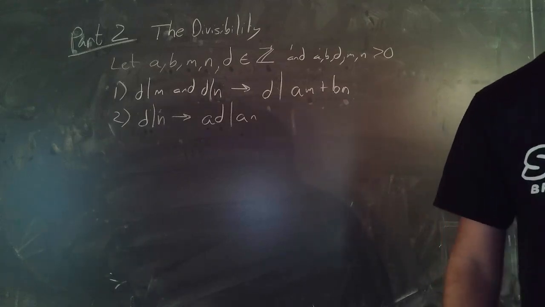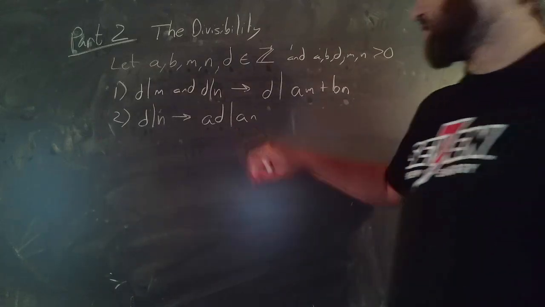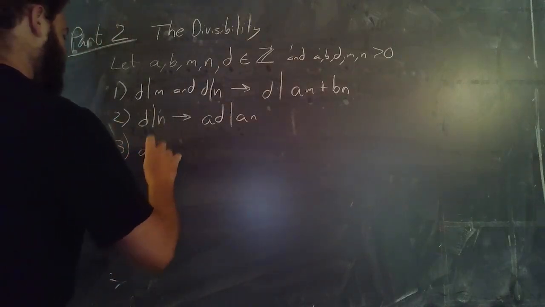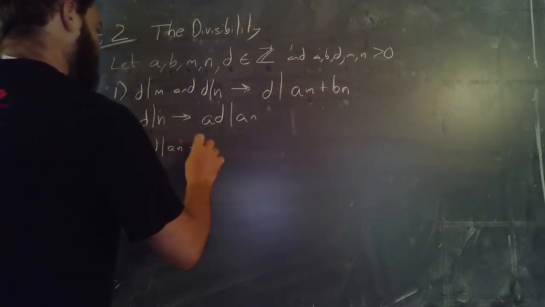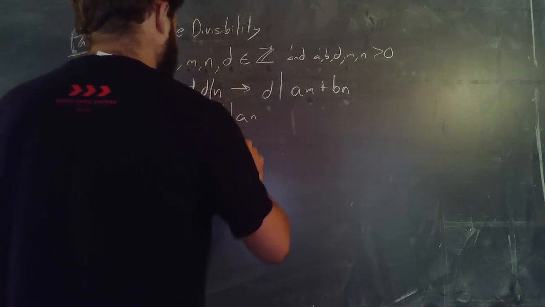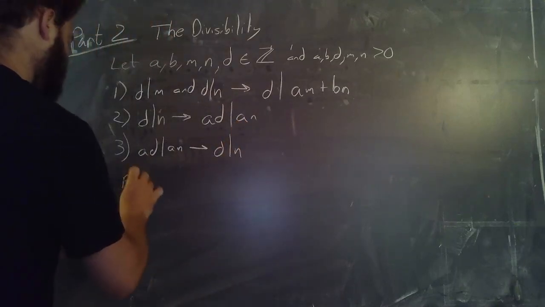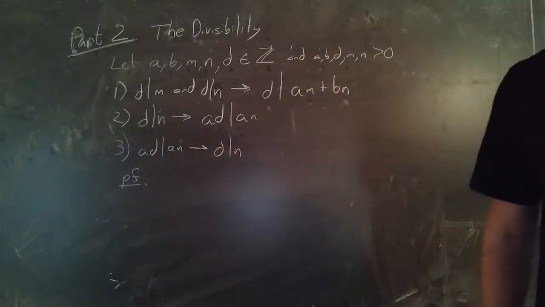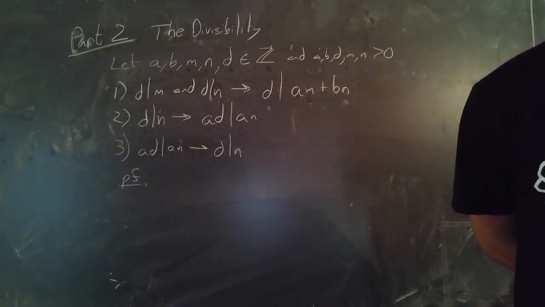The third statement, we're going to just reverse the direction of this. So the third statement says that if we have ad divides an, then that's going to mean that d divides n. And there's a pretty nice proof for this, which should bring to light the reason why the second proposition works in the first place.